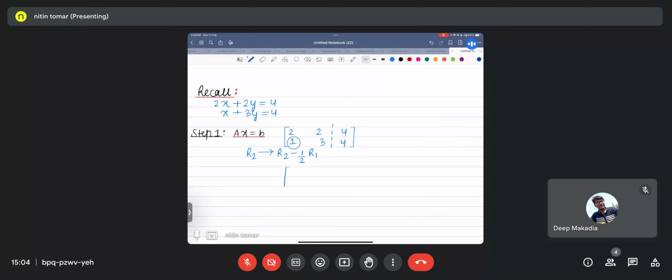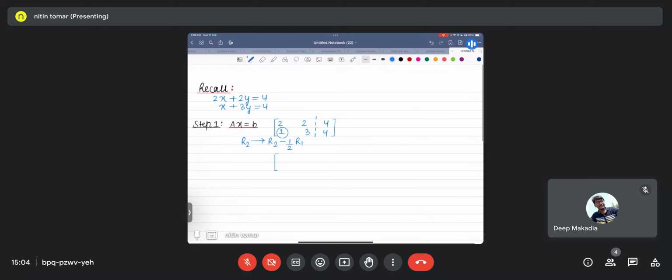And can you tell me the system? Because we're applying the row operation on the second row, the first row will remain unchanged, right? And quickly tell me the entries for the second row. That will be 0, 2, and 2, right?